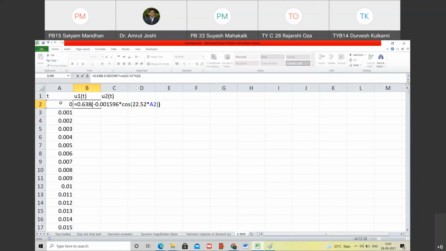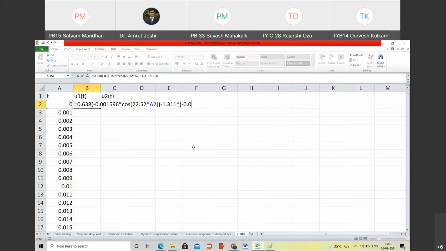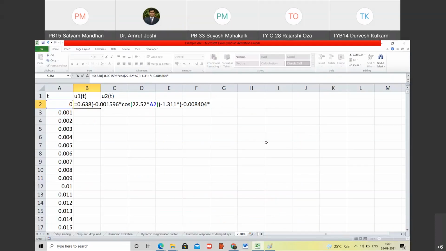Happy? Yes, sir. Then in that we have to add minus 1.311 times bracket minus 0.00840 multiplied by cos of 56.92 into t. Are you with me? Yes, sir.